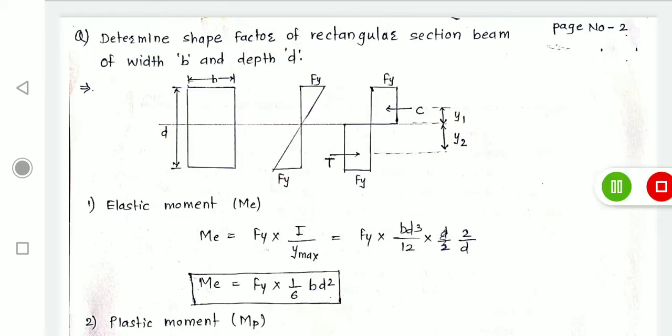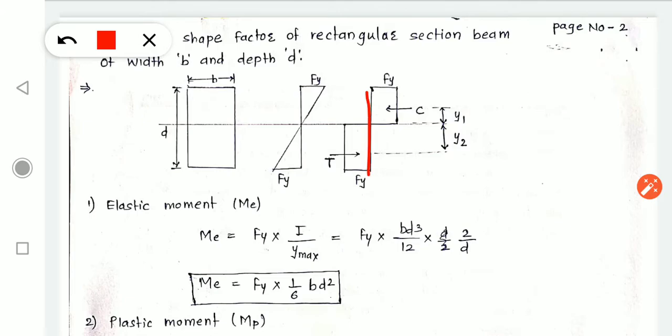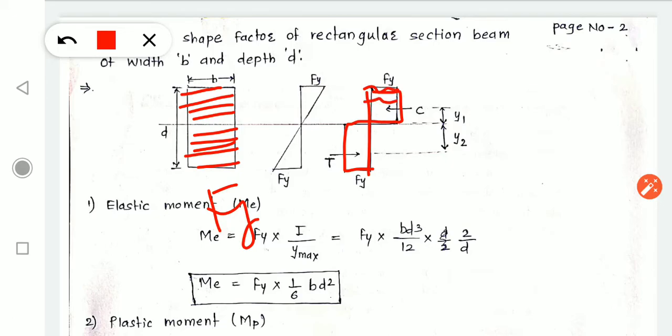Understood? Next is your stress diagram in the plastic stage. All the fibers of this section are now experiencing yielding stress, therefore all the fibers of this member are under equal stresses up to the neutral axis.